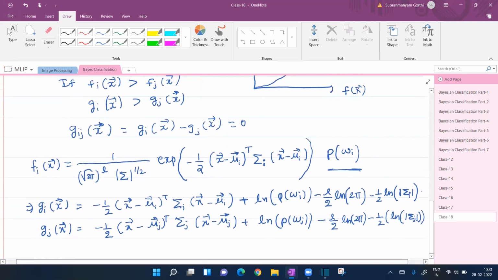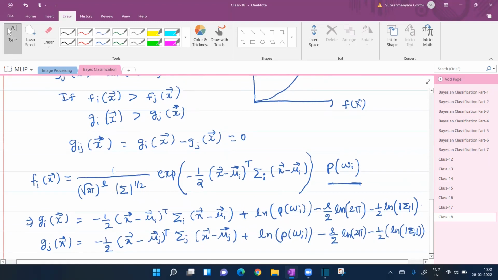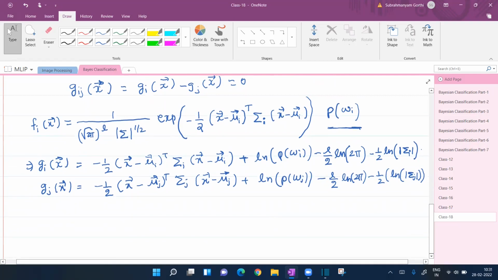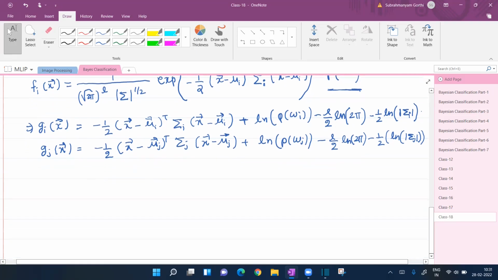See, all you need to do now is to see the difference there. That's how the transformation is applied here. Do you see any terms that I could drop in g i of x bar and g j of x bar, such that g ij of x bar, which is defined as g i of x bar minus g j of x bar, equal to 0 is still the decision hyperplane?